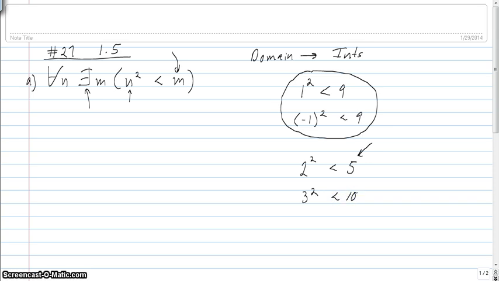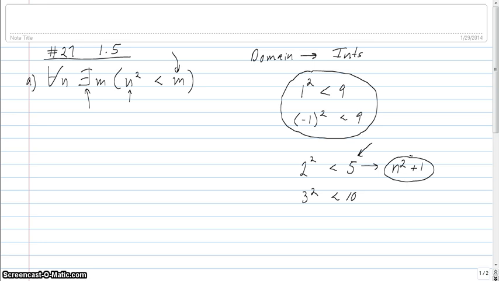Of course, it could be 11 or 12 or something like that. So maybe if I just make sure that this value is 1 greater than n squared, if that's how I select that m value, then I should be okay.